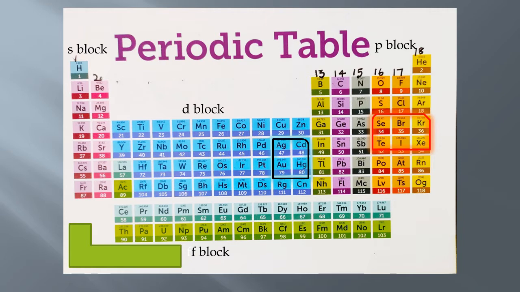So this side you find to the left S block elements, to the right you see P block elements, at the center you find D block elements, and below that you have F block elements. So these names S, P, D, F denote the orbital present in the outermost orbit of an atom that is getting filled with electrons.